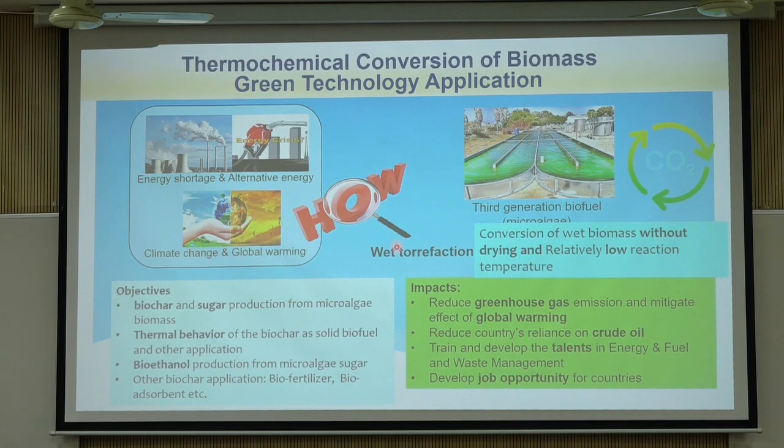Palm is around 4 to 5,000, which is higher, so that's why palm is viable. Then this one is more than 10,000 per hectare, but they have their own problem, which I don't want to tell you now. Microalgae is the highest, I can say, per hectare of land.